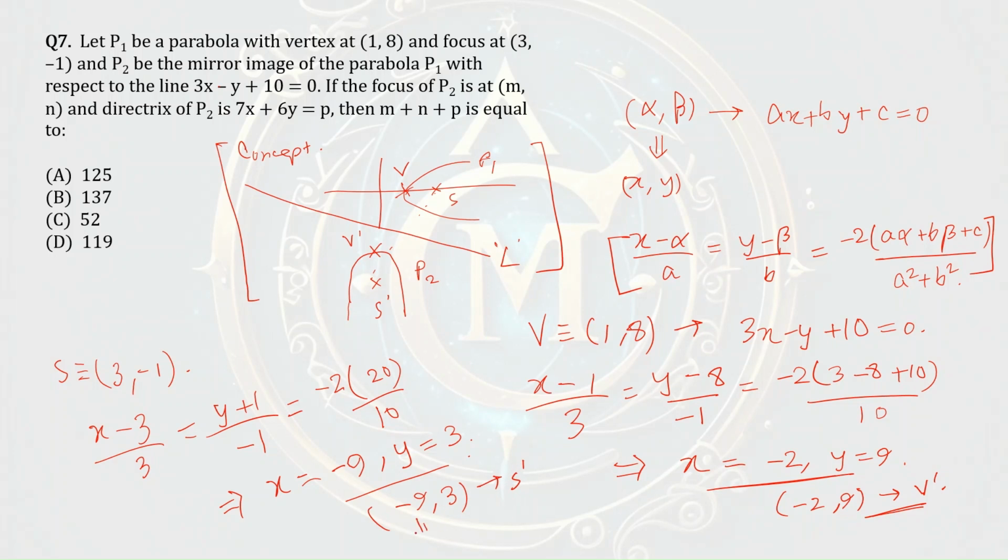So we can compare, this is m, this is n. So we calculated m as -9 and n as 3. So we have to calculate p in the next step. So let's proceed on the next page.